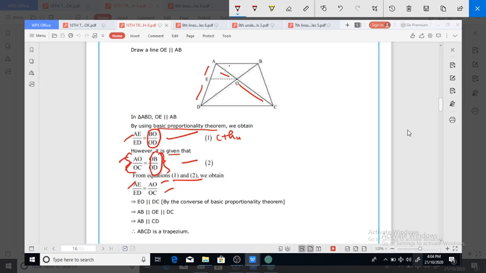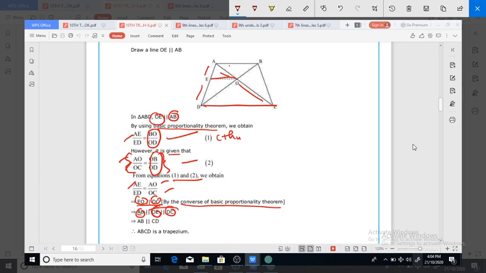If these two are equal, then we say OE is parallel to CD, by the converse of Thales theorem, the converse of the basic proportionality theorem. Okay. AB is parallel to OE, and CD is also parallel to EO.